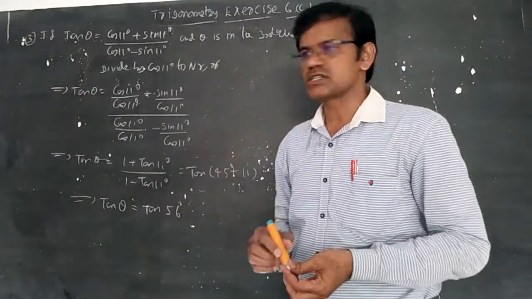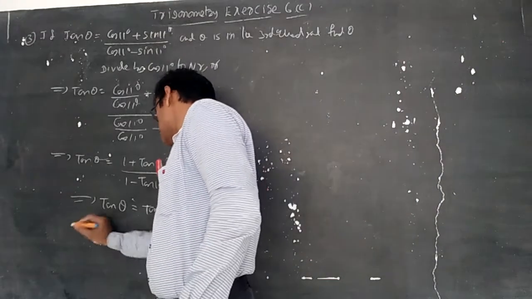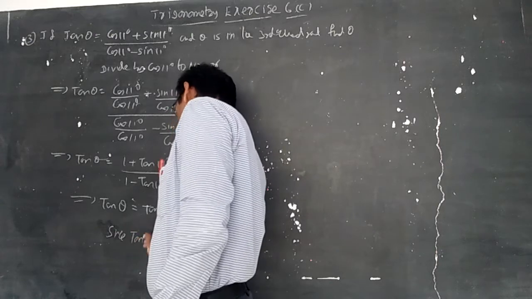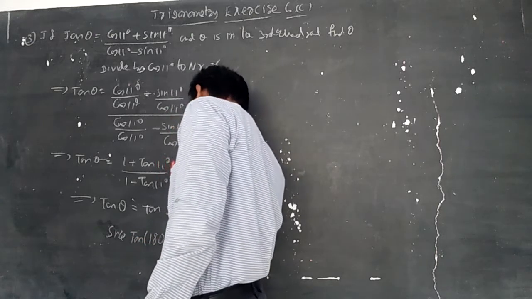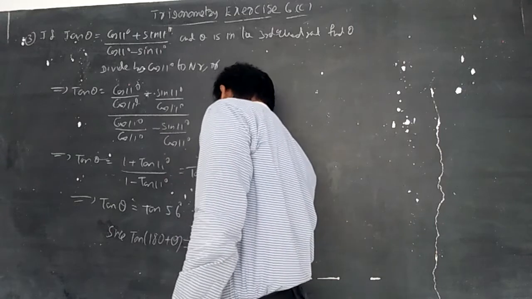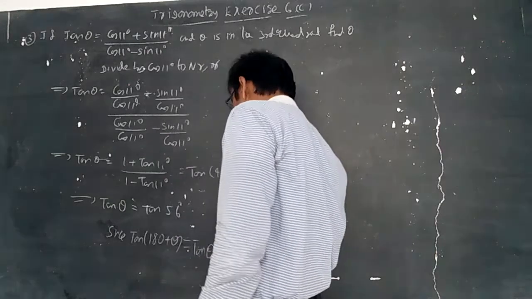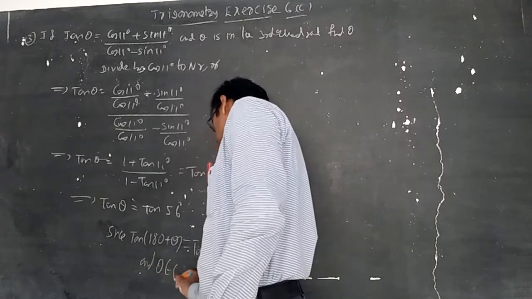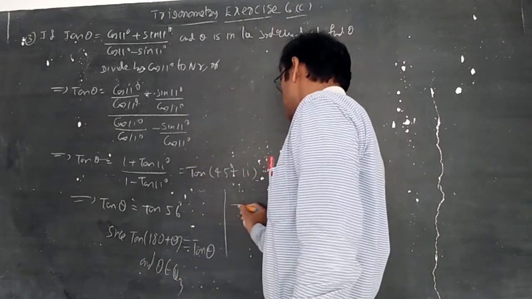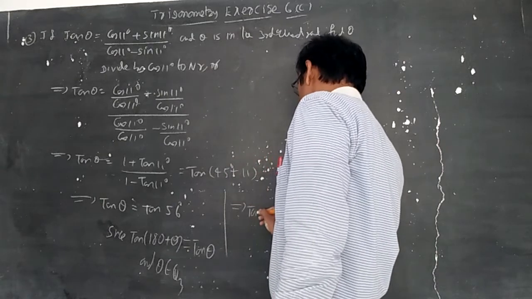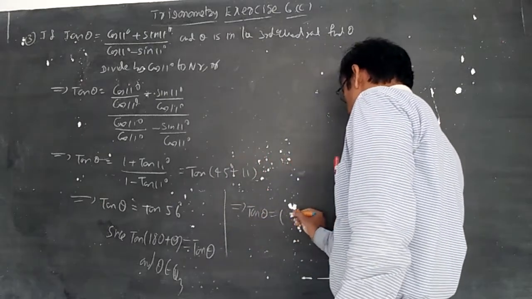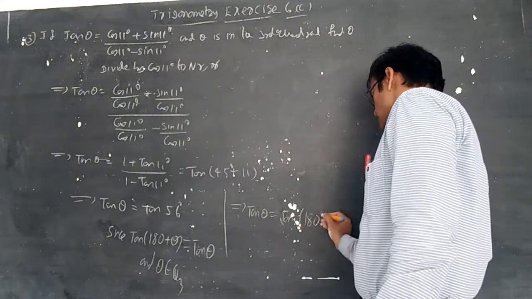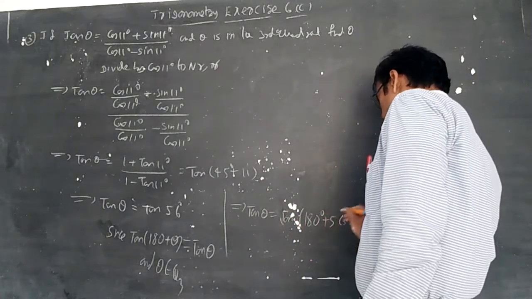So we can write tan of 180 plus theta, since tan 180 plus theta is equal to tan theta, and theta belongs to Q3. Now tan theta is equal to, you can write tan of 180 plus 56 also, 180 degrees plus 56.